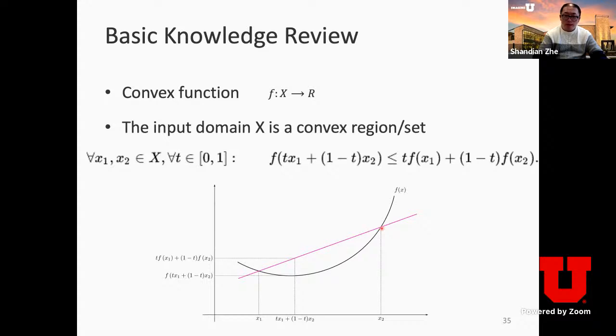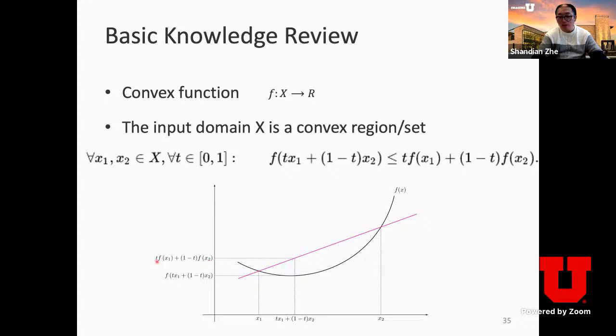If we want to calculate their linear combination at t, we just draw a line and then draw a perpendicular line across this pink line. We get the linear combination, t times f of x1 plus 1 minus t times f of x2.